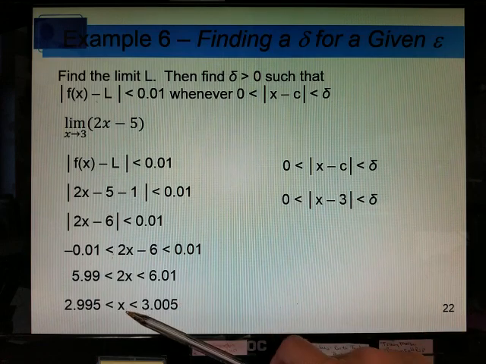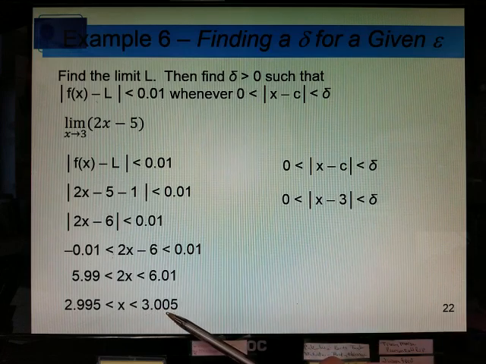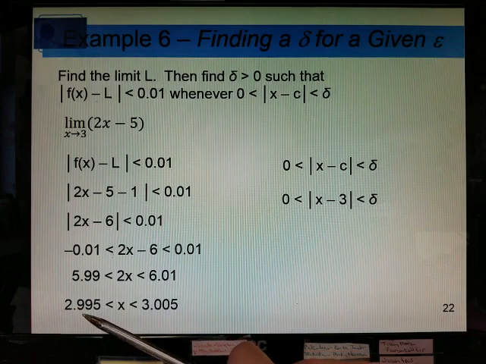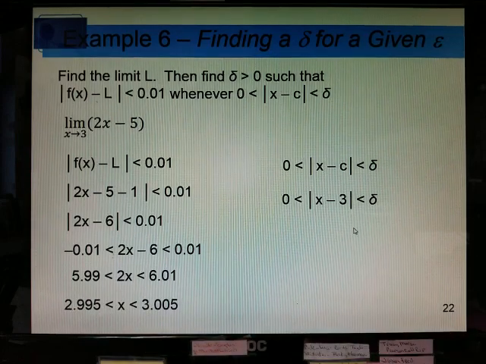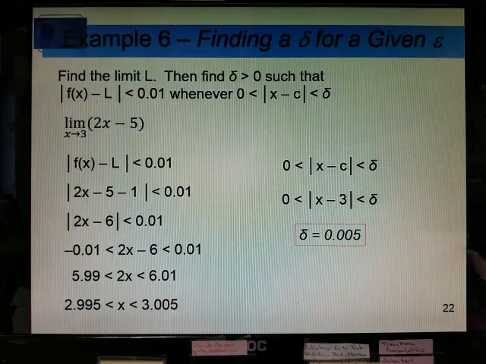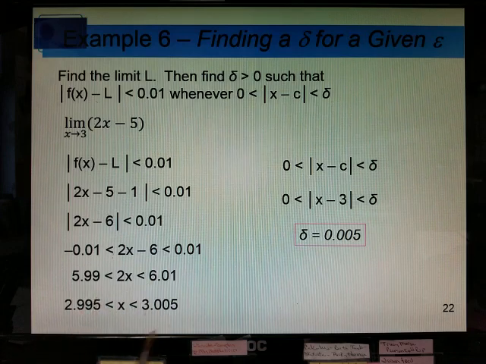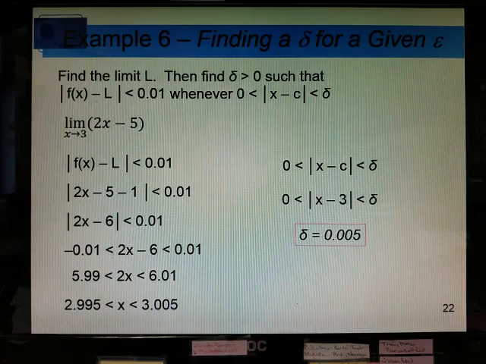This would be 3 plus tenths, hundredths, thousandths: 3 plus 5 thousandths. This would be 3 minus 5 thousandths. So therefore, that has to be 5 thousandths. So my delta has to be 5 thousandths. Again, I was looking for how far off of 3 both of those are, because I want that to be an x minus 3.